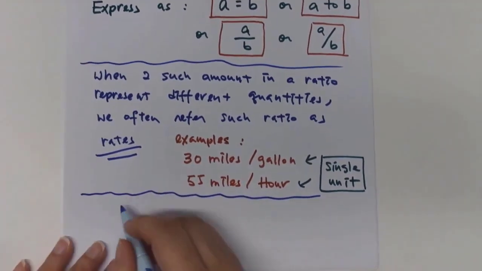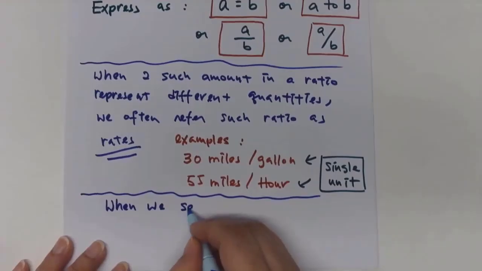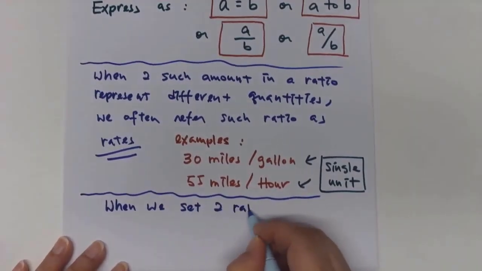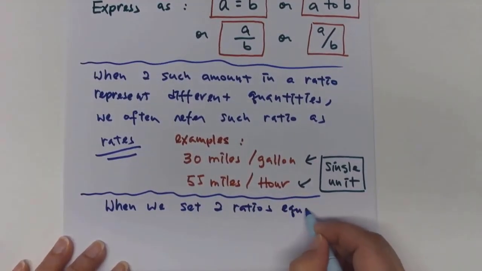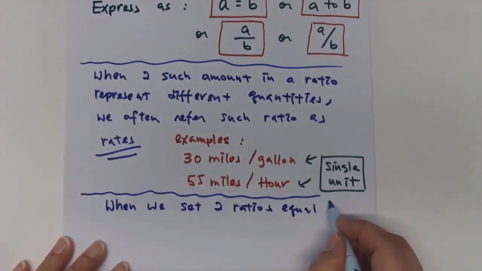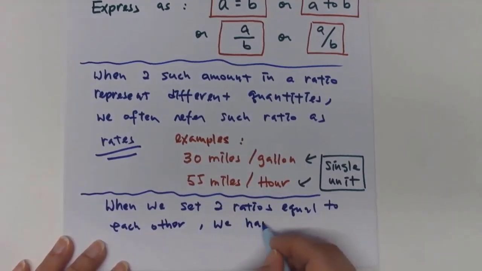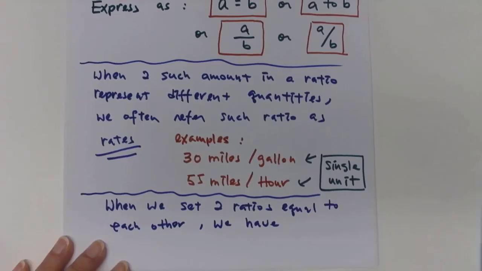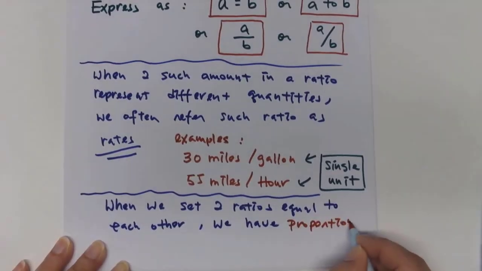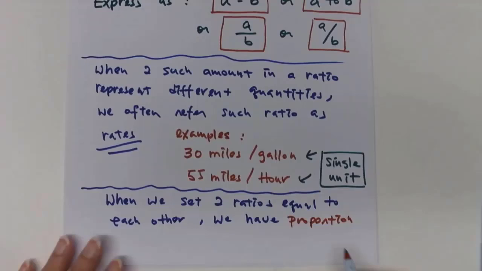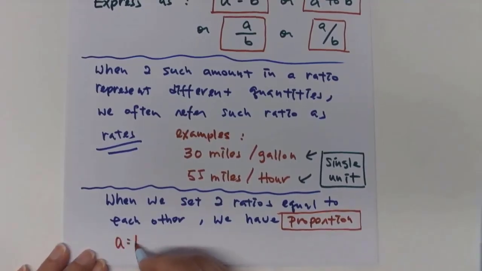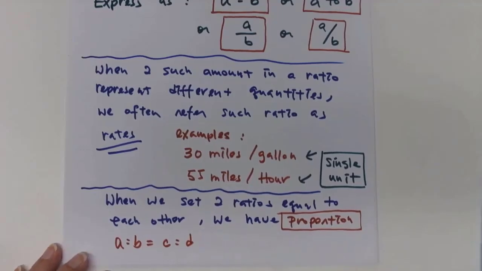And when we set two ratios equal to each other, we have a proportion. So if we do something like A to B equal to C to D, this is considered a proportion.